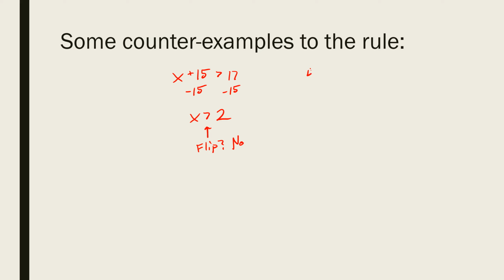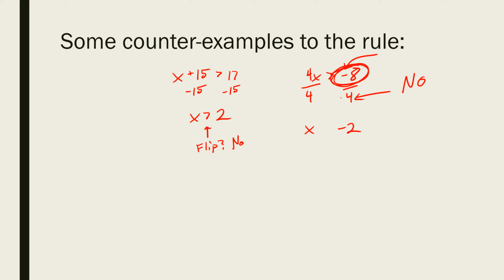Here's another counterexample. Let's say I have 4x greater than negative 8. Clearly, I would need to divide by 4. So that would give me x greater than negative 2. Now, hold on. I do have a negative, and I am dividing. Does that mean I flip? Should I flip the direction here? And the answer is, again, no, because even though there's a negative here, I'm not dividing by that negative.